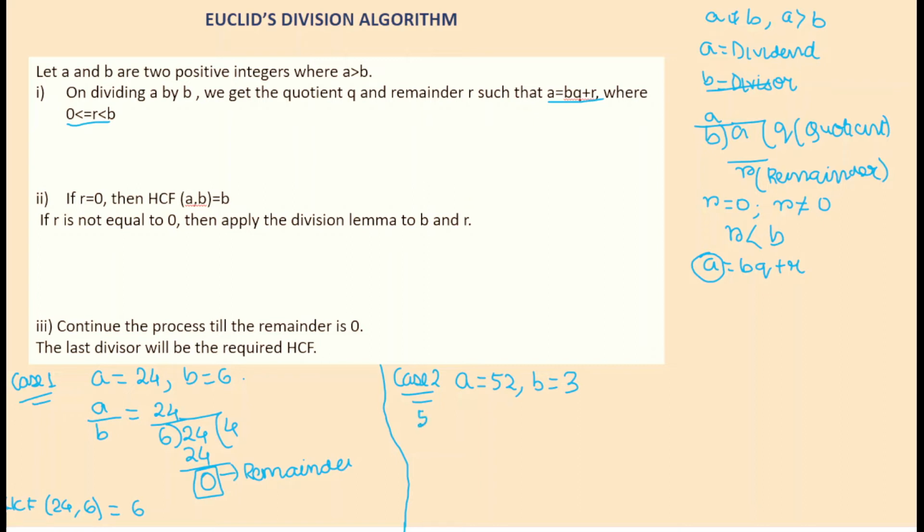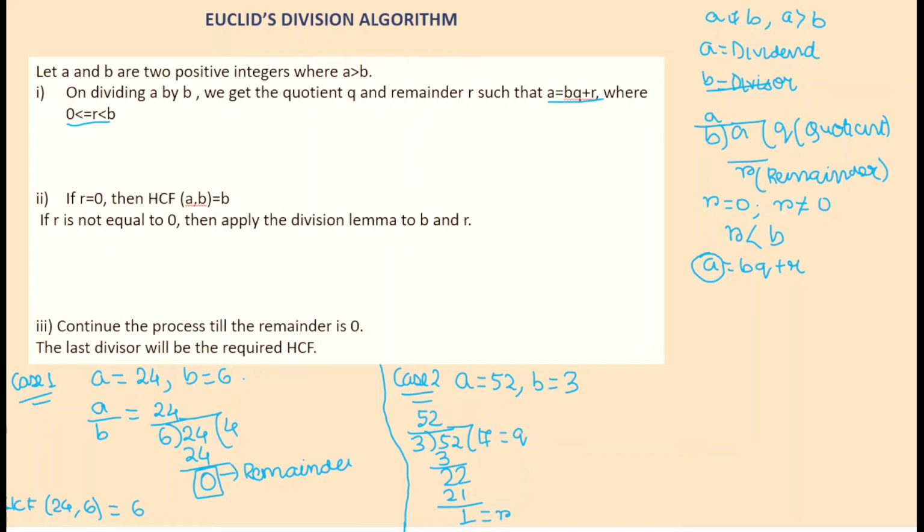So I will do 52 divided by 3. 3 ones are 3, 22, 3 sevens are 21, and the remainder comes out to be 1, which is not equal to 0. This is the quotient and this is the remainder.